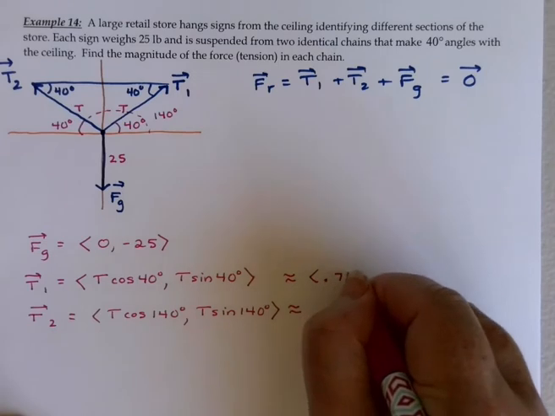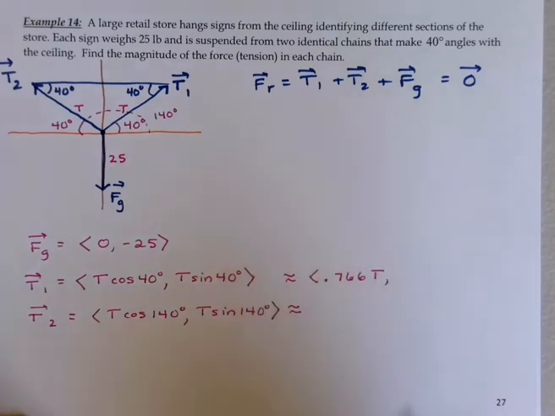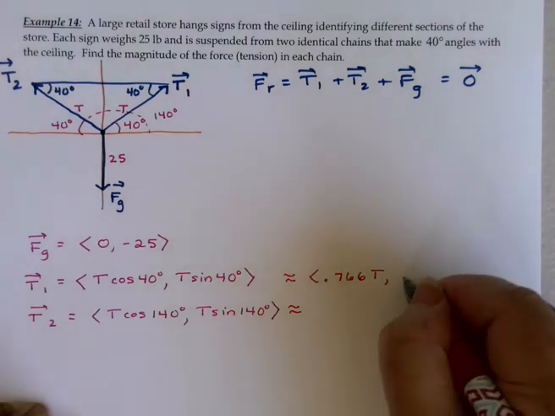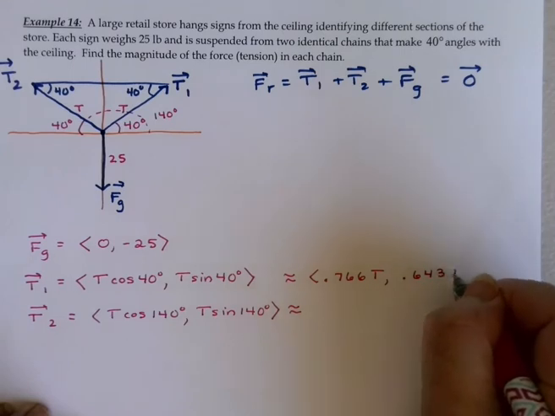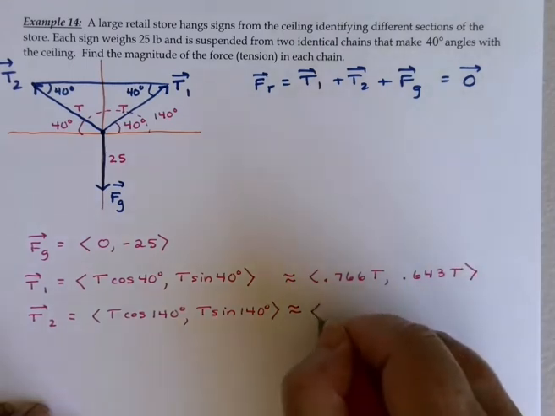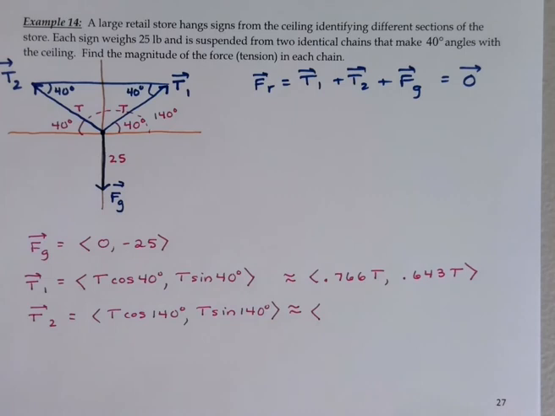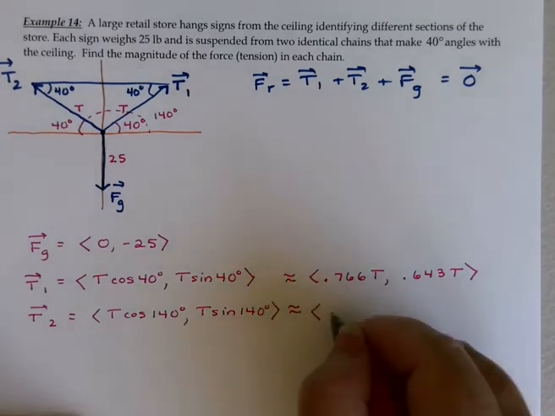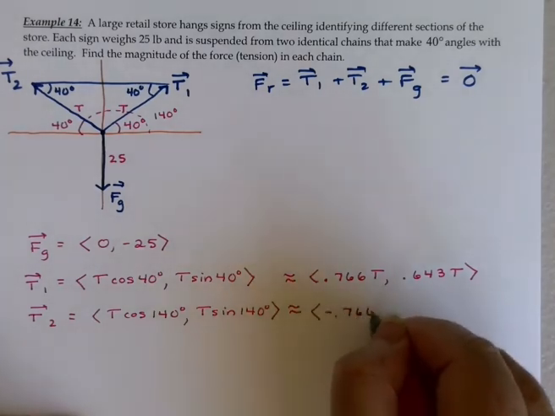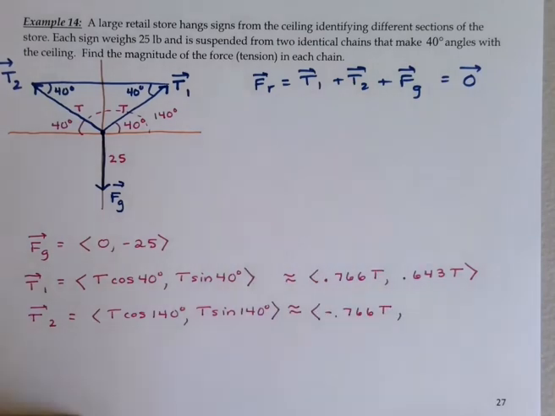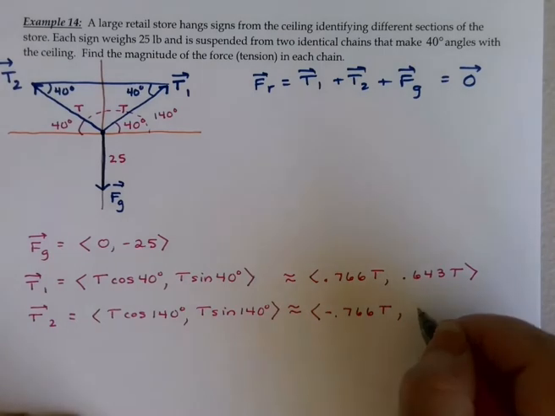So this is 0.766t. And the sine of 40 degrees is 0.643. So 0.643t. Cosine of 140 is negative 0.766. And that is multiplied by t. And the sine 40 is 0.643.